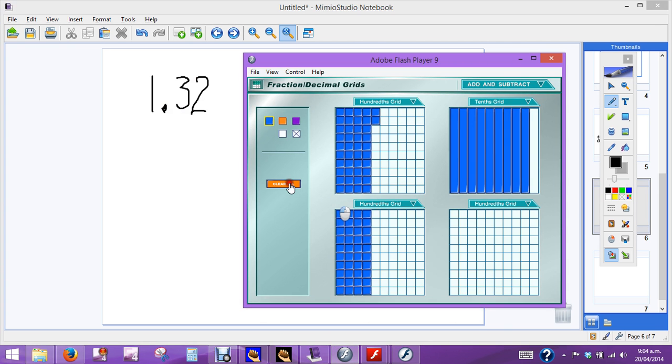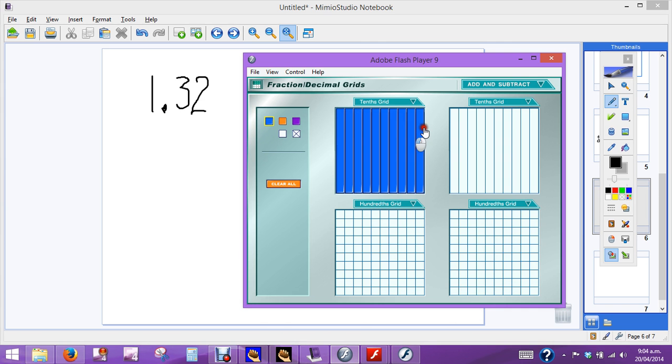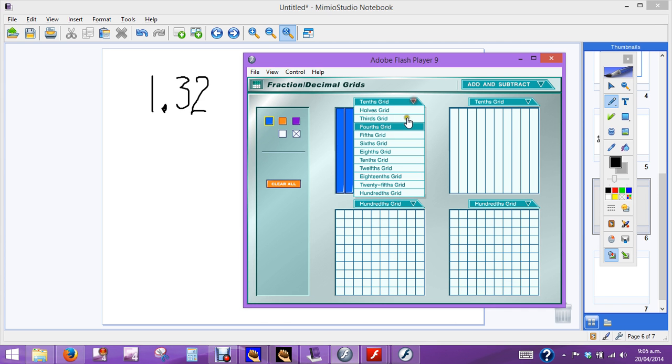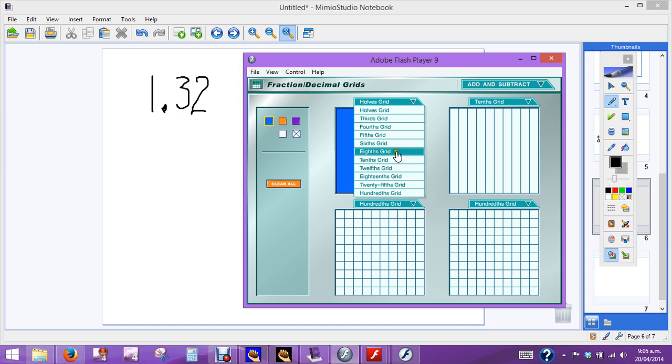Let's clear it. I'm going to make this one here into a tenths grid. I can actually make this into anything. I can make it into a halves grid, but I still want the whole. I still want one. But I could also show it as a tenths grid as well.